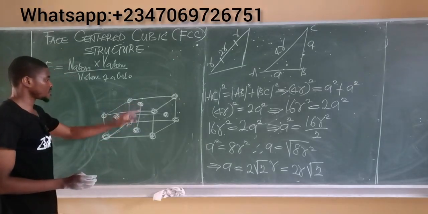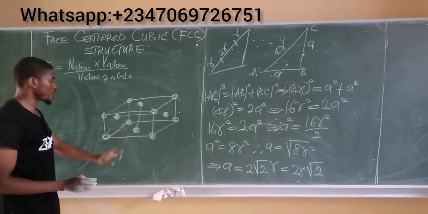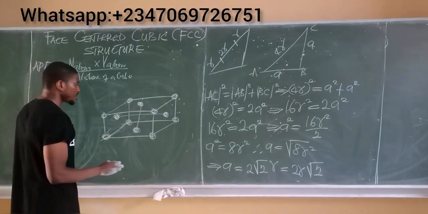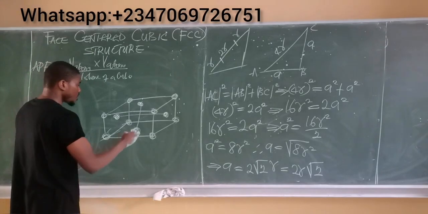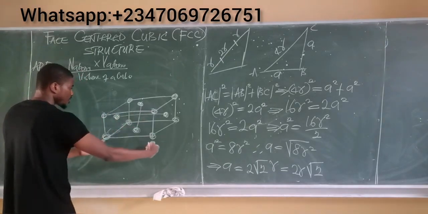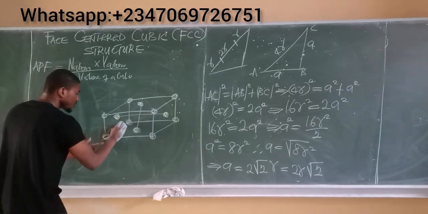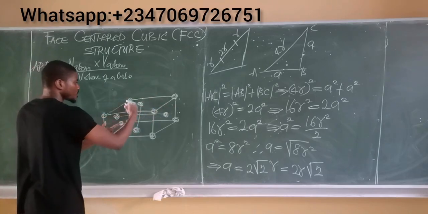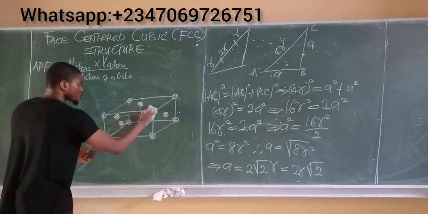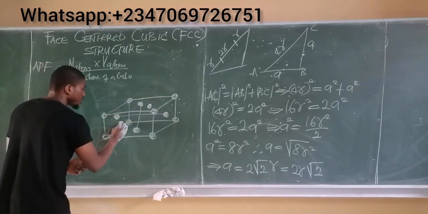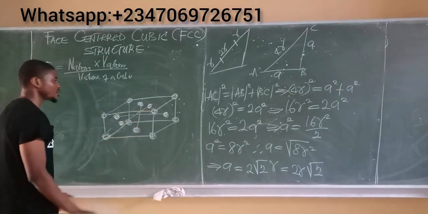So this is bringing half, this is bringing half, both of them bring complete volume one. And finally, on this particular face, we have a central atom, and the face behind as well, we also have another central atom, and both of them combine to bring one atom.